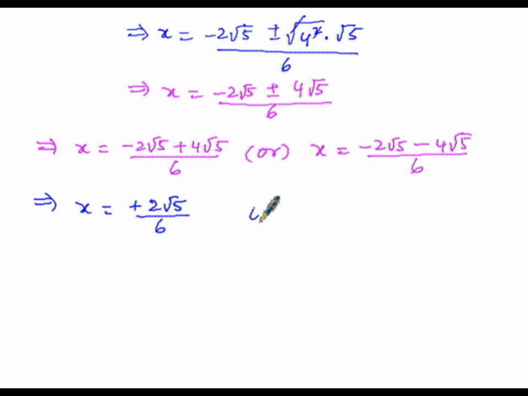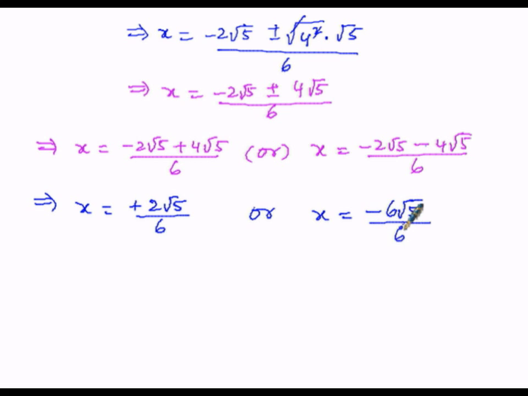Or x equals, simplifying further in the numerator, there are 4 root 5s and there are 2 root 5s. Minus of minus is plus, we have to add up 4 and 2, that is 6, there are 6 root 5s. To assess the sign, we see the greater one among 2 and 4. 4 is greater than 2, 4 sign is negative, so 6 root 5 is negative, overall divided by 6.